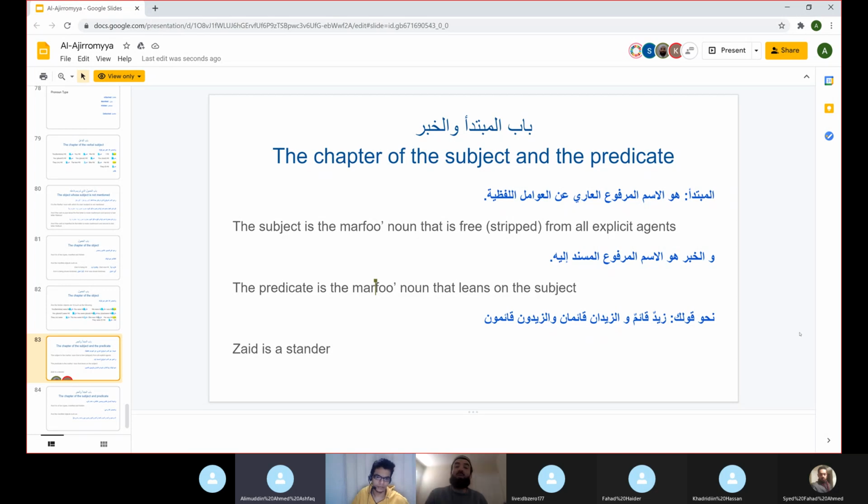One way you make an agent noun out of qama is you go through some steps that have to do with morphology, and then you come up with qa'imun. So qa'imun here is the agent noun, and it means stander.